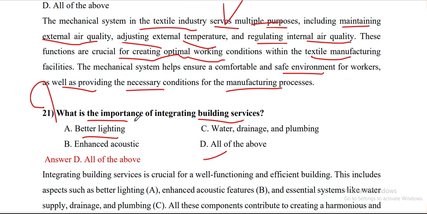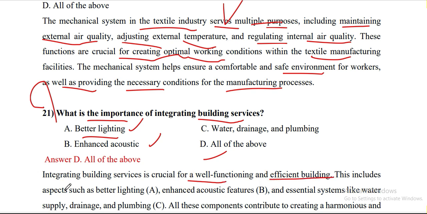The importance of integrating the building services is gaining better lighting, enhanced acoustic, water drainage and plumbing. All are the best. Integrating building services is crucial for well-functioning and efficient buildings.